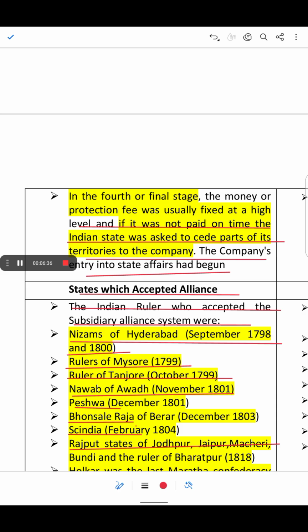Either the ruler had to pay for the British troops, or they had to cede or give their lands to the British.